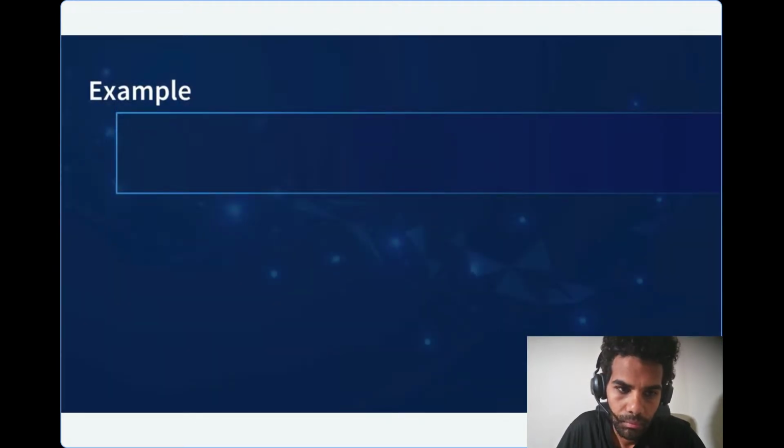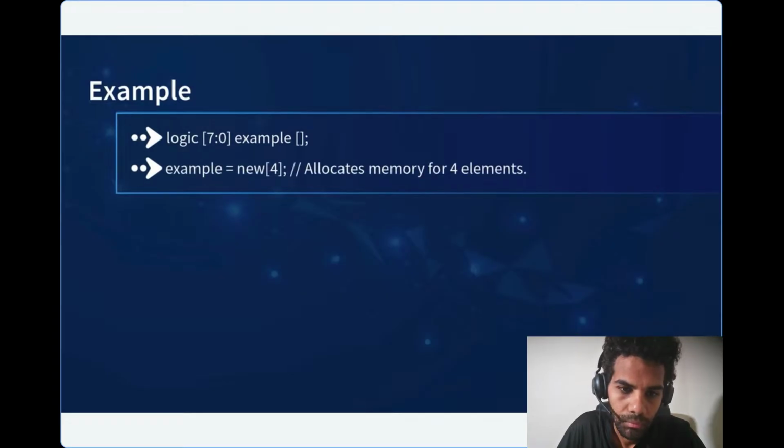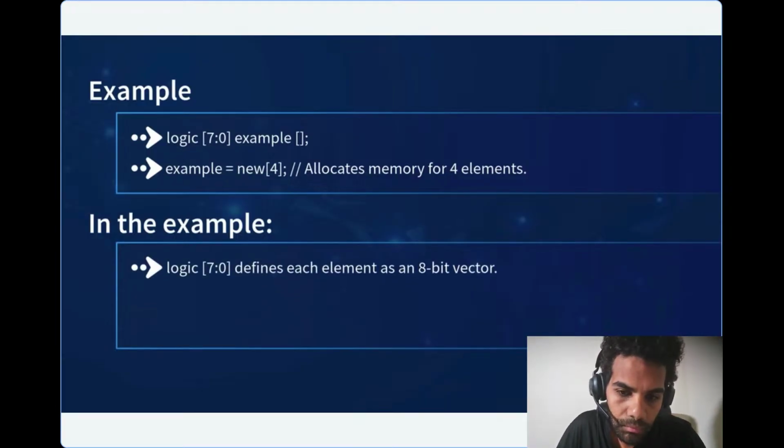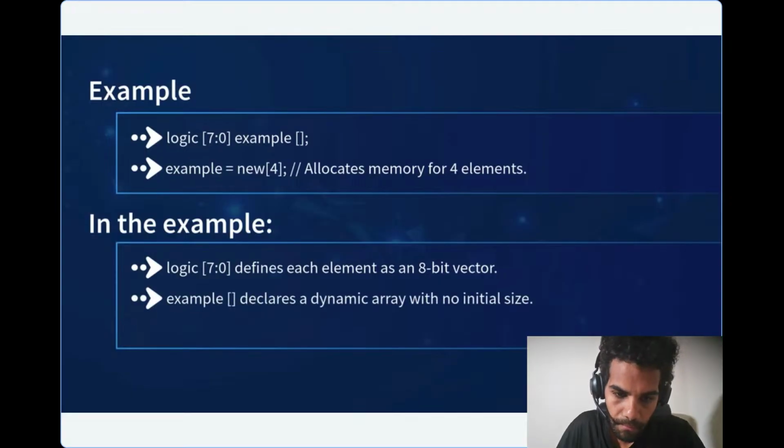For example, we have logic [7:0] example, and then empty square brackets. And then you assign example = new[4]. Let's break this code down. The logic [7:0] defines each element as an 8-bit vector. The example with square brackets declares a dynamic array with no initial size.